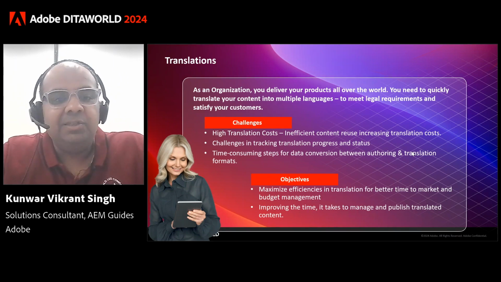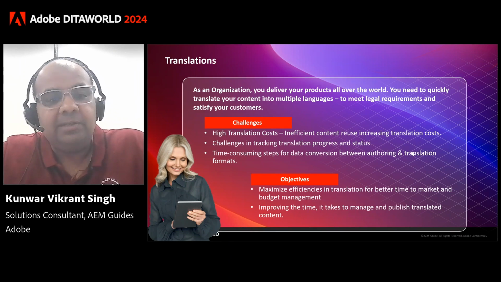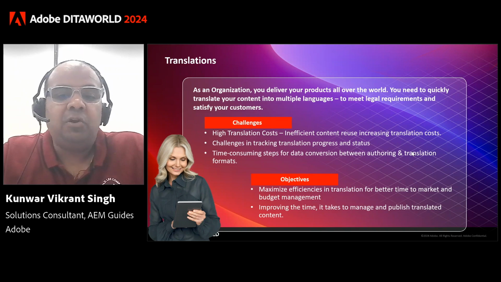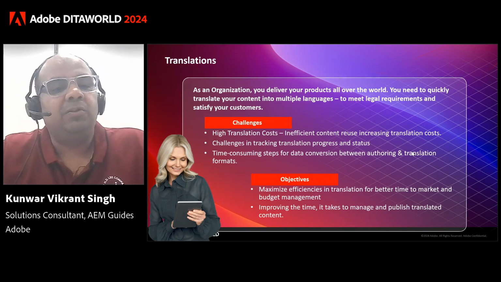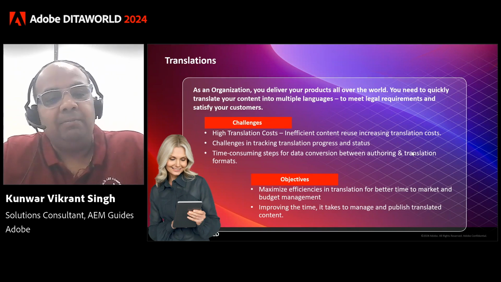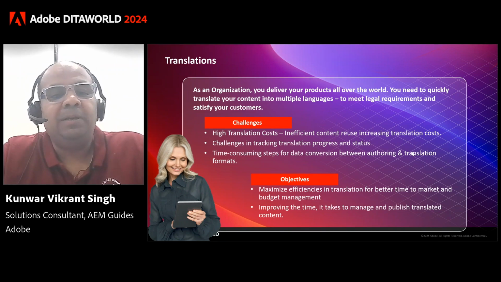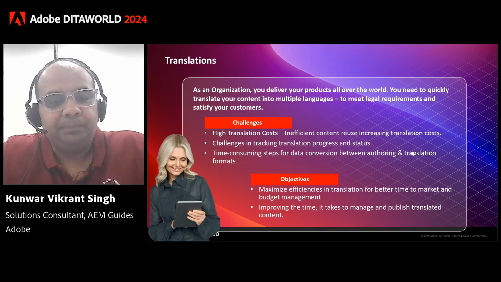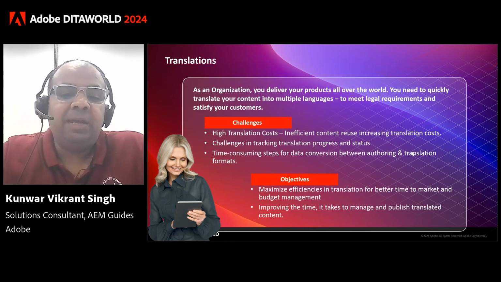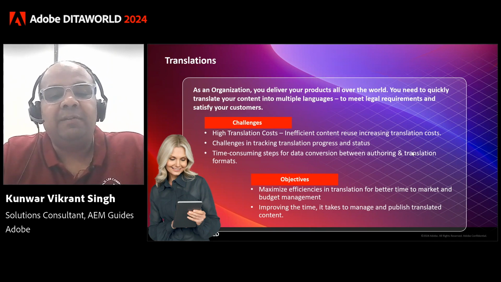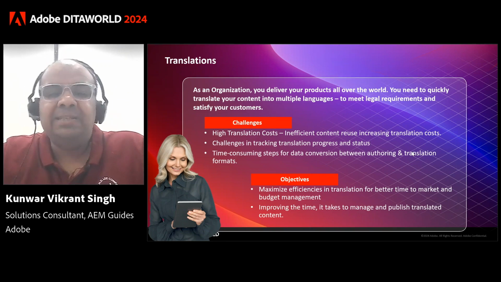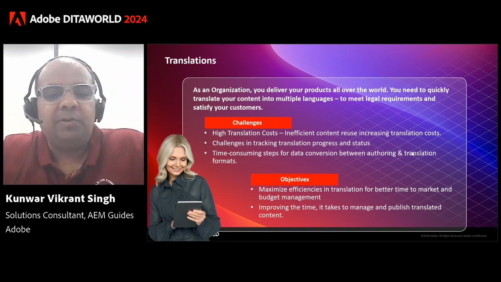One of the key challenges which organizations face is the high translation cost, where inefficient content reuse increases translation cost. Not only that, if the translations are manual, it becomes a task in itself to track the translation progress and status. Even sometimes the data conversion between the authoring and the translation format is also time consuming, which again causes lots of inefficiencies. These are some of the challenges from a translation point of view.